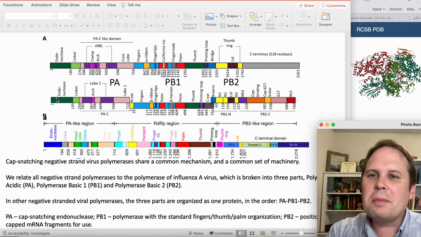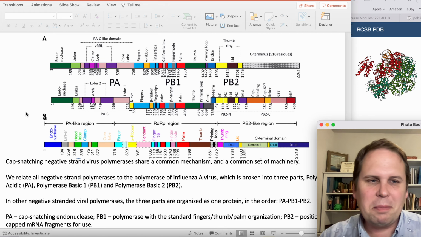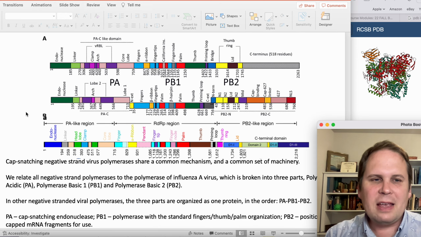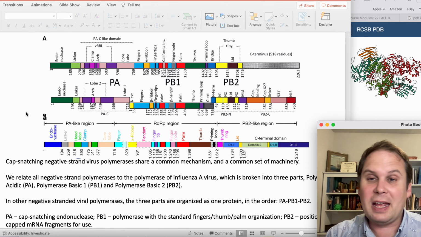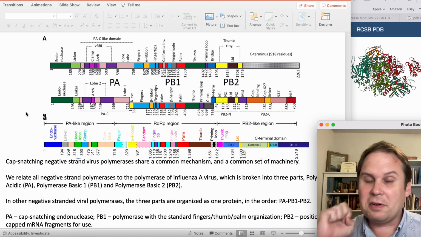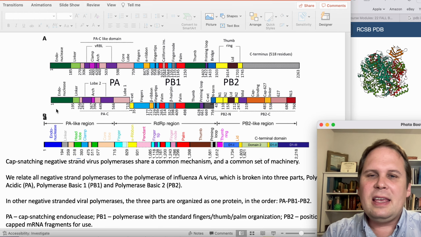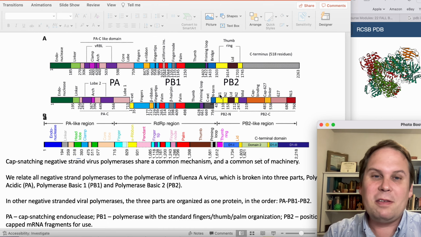So it has an enzyme called an endonuclease domain at the end, which has a couple of manganese ions in it, and it uses those manganese ions to break a strand of RNA and then keep it for itself. All right. The next member in the chain that we're going to talk about is going to be PB2.